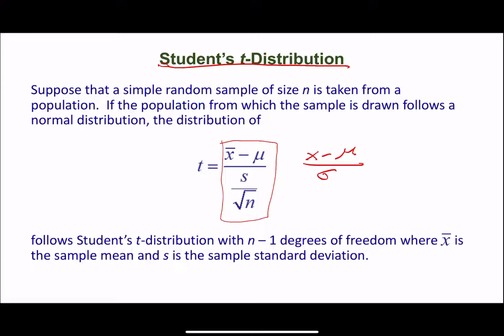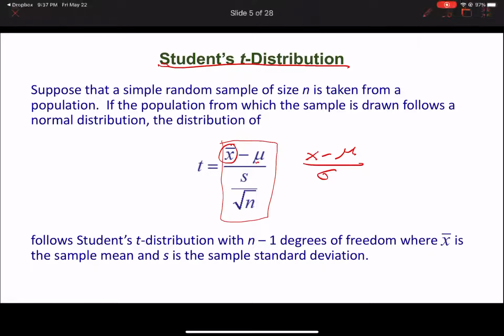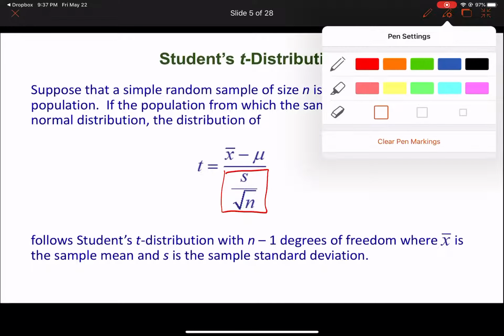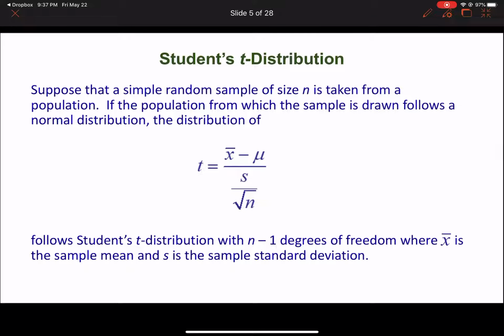So here we have our sample mean minus the mu divided by, remember this is our new standard deviation that we calculated in 8.1. So we're doing the x bar minus mu divided by s over square root of n, the new standard deviation. It follows the student's t-distribution with n minus 1 degrees of freedom.